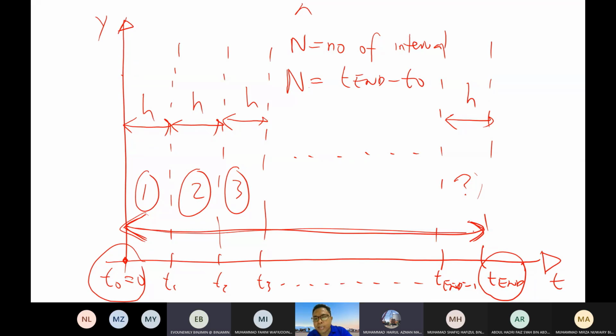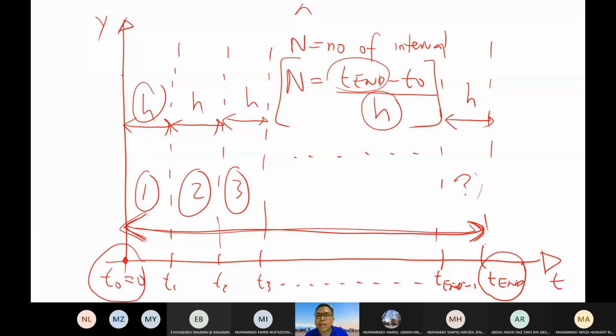And then if I divide by the step size, I can know the number of intervals. So this is how you calculate how many intervals you will create based on an arbitrary value of h, tn, and t naught. This is a general formula. Right? Okay, hold on to that. Next.